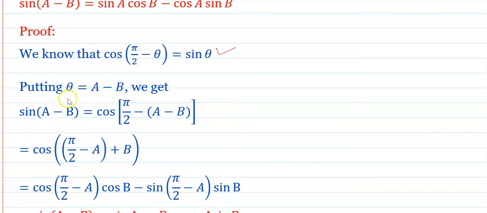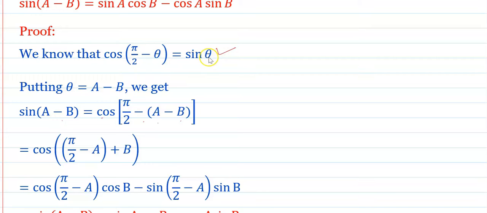I replace this theta as A minus B, therefore sin of A minus B is equal to cos of pi by 2 minus in bracket A minus B. We know the formula. What is that? Cos of pi by 2 minus theta is sin theta.